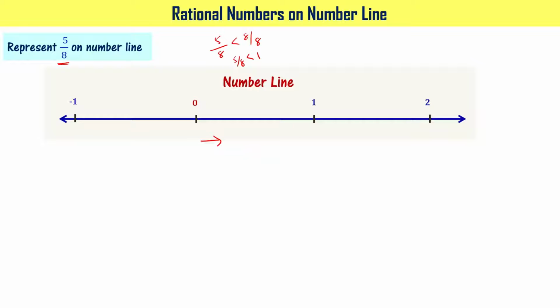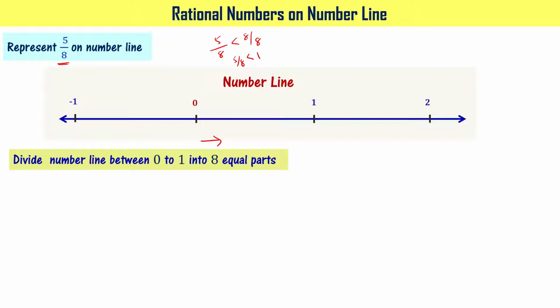For that reason, we have to have 0 and 1 in the number line we draw. Once you draw that way, since the denominator is 8, we have to divide the number line between 0 and 1 into 8 equal parts. Let me write that. So we have now 8 equal parts.